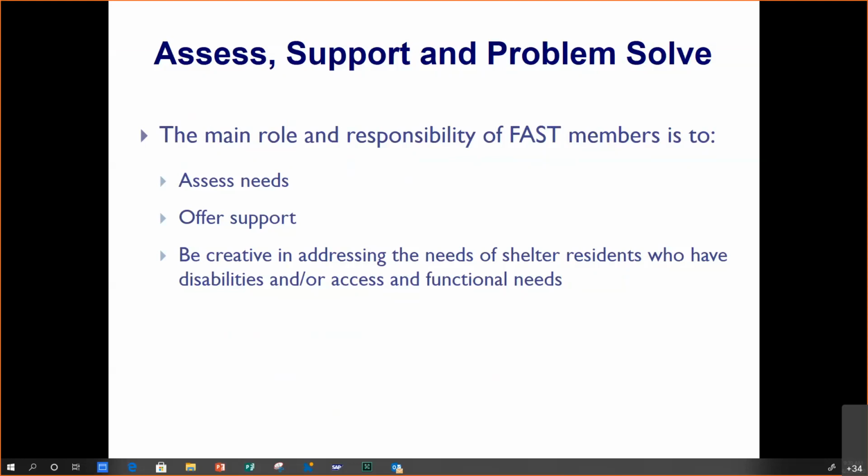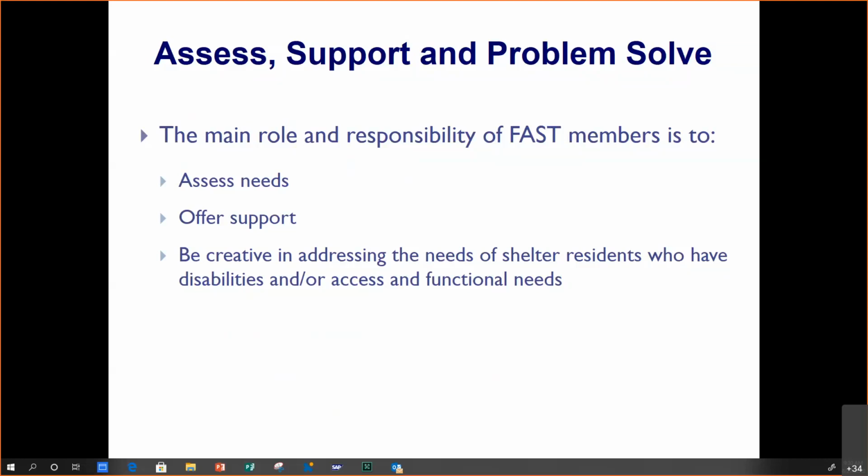So just talk to the people, find out what their needs are, give support, whether it's just knowing that someone's there that cares. That's a huge thing, especially in this time, because a lot of them are away from their home in a very, very stressful time.